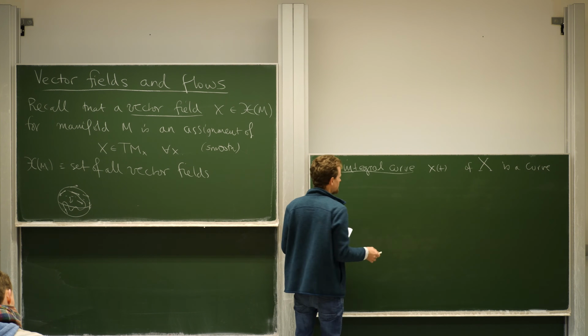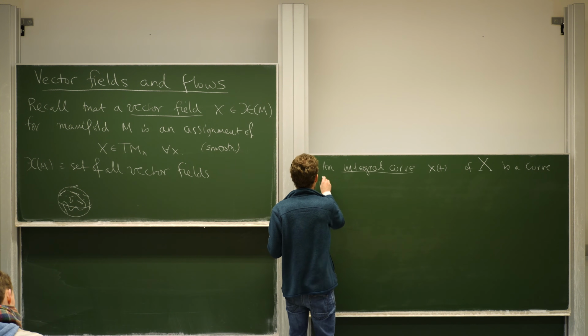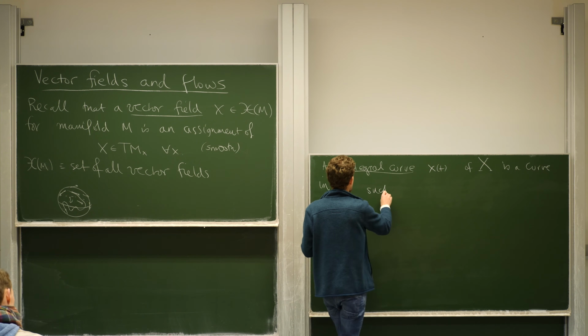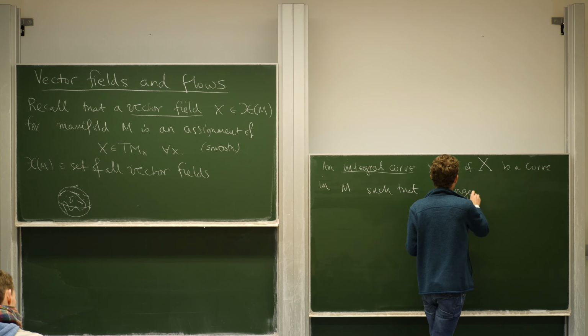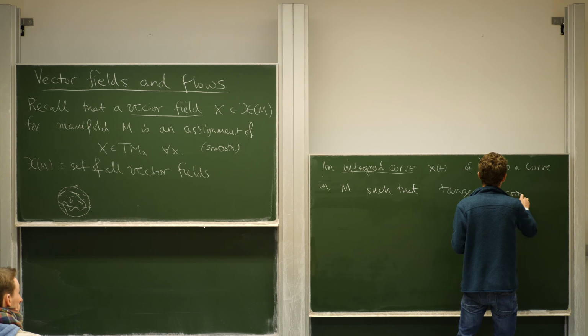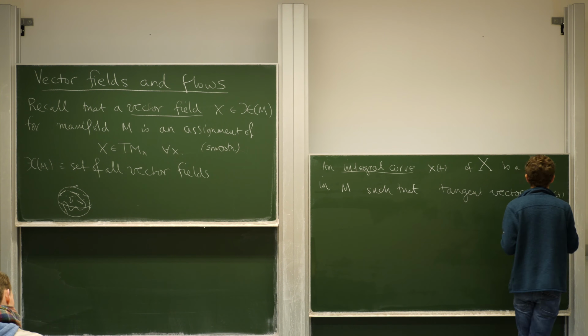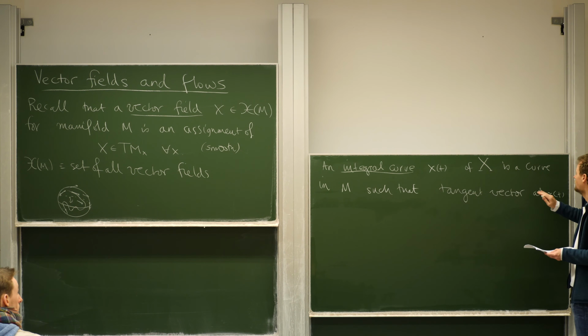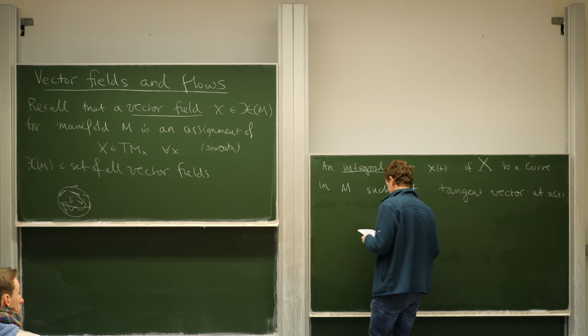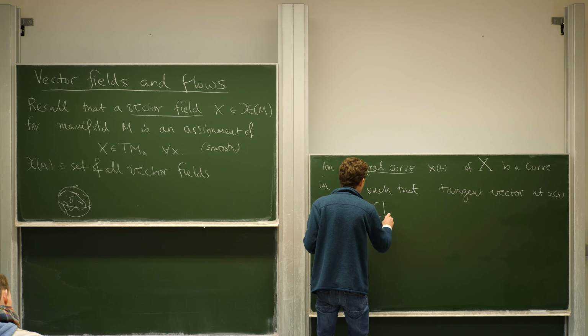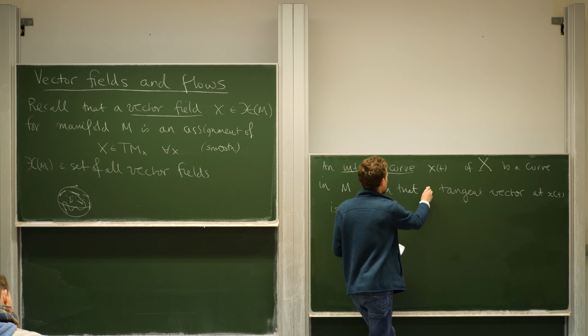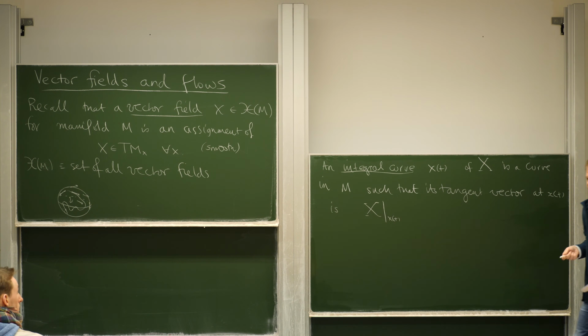It's a kind of curve that's special. And what's the special property that it has? Well, the tangent vector to the curve at the point little x of t is exactly big X.